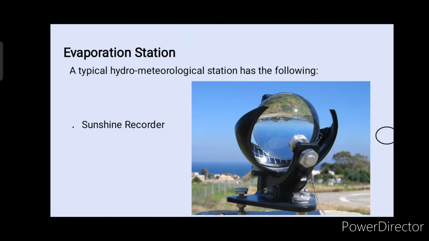Inside it, there is a paper strip and a glass sphere that focuses sunlight strongly enough to singe the paper. The result from this recorder provides information about the weather and climate as well as the temperature, because it records the sunshine.